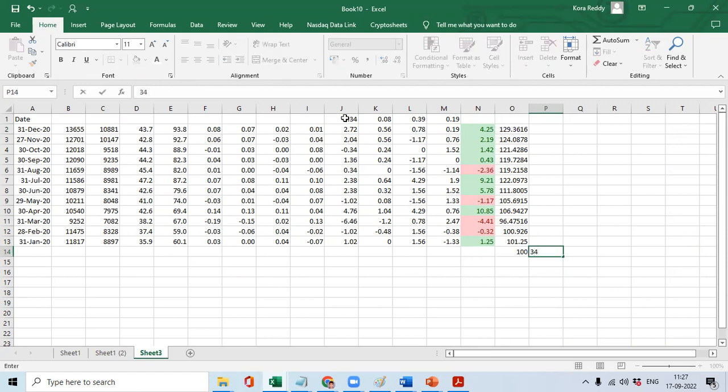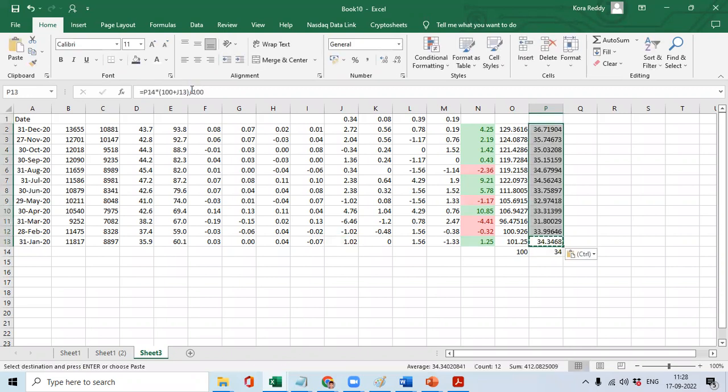So you started with 34 and you ended with this. Your gains are actually 3 rupees, 4 rupees. So 10% tax on 4 rupees, that's 0.4%. You don't actually pay 3% as tax, you pay only 0.4%.